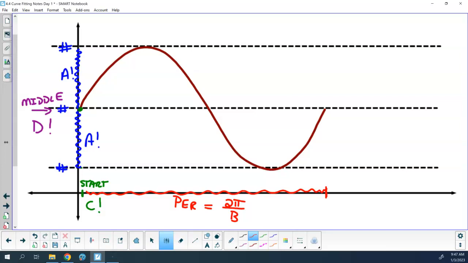So with that being said, now on the sheet that you picked up when you came in today, try and find me the equation of the top graph. You want to go sine or cosine on the first one? Sine. So find me a sine equation for the top one. Okay? Go for it.